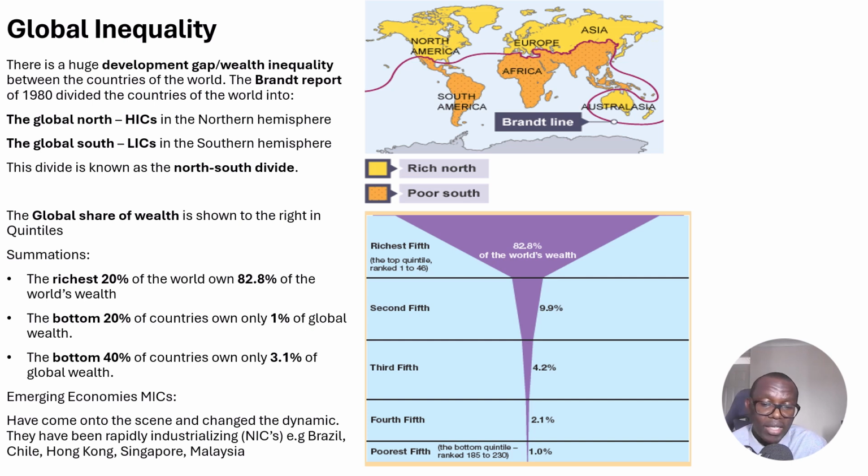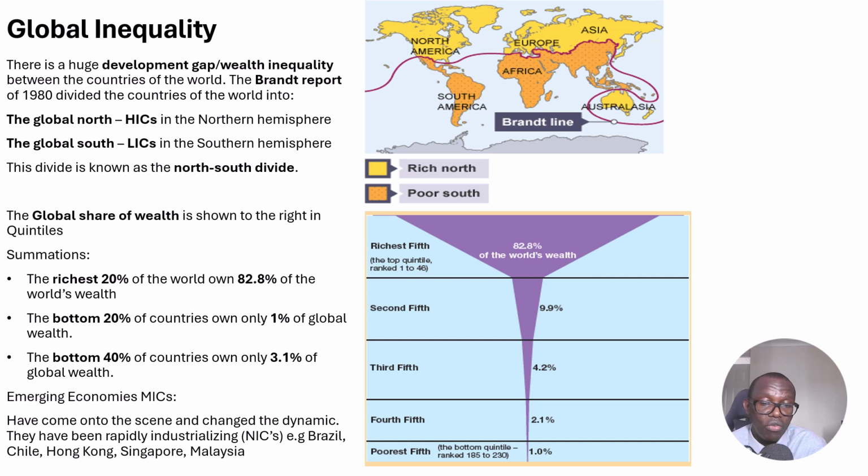Now, that clearly is a very big difference between the poorest and the richest. 1% of the world's wealth almost brings into question how those countries are able to survive, with only that 1% of the world's wealth. Then we have the bottom 40% of countries owning only 3.1% of the global wealth.